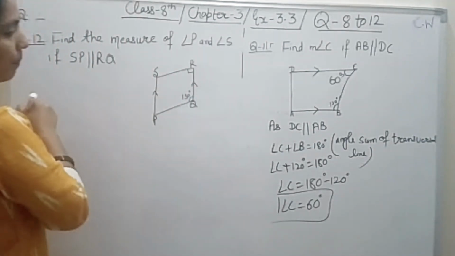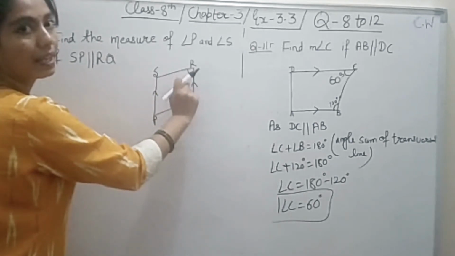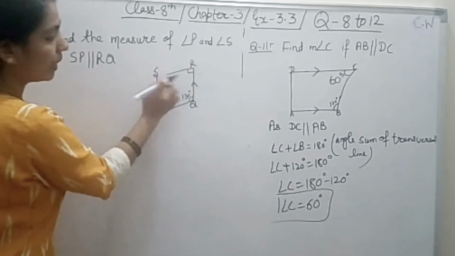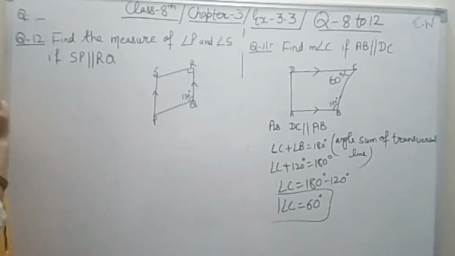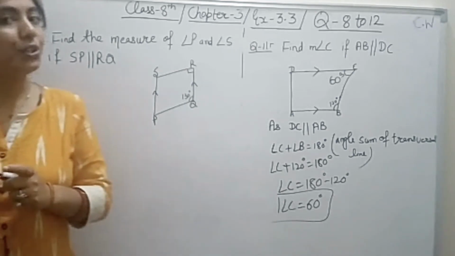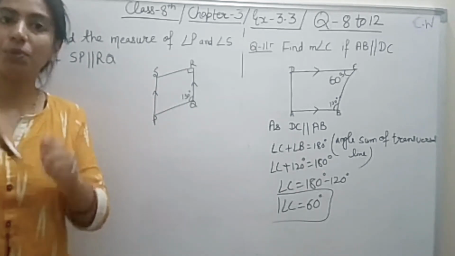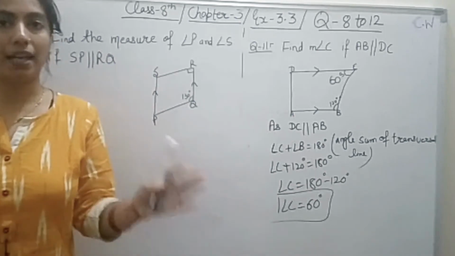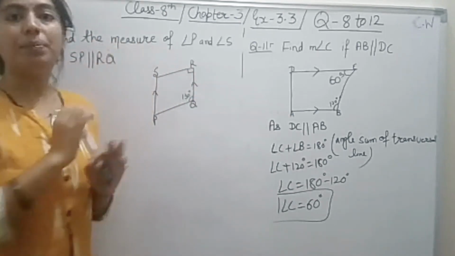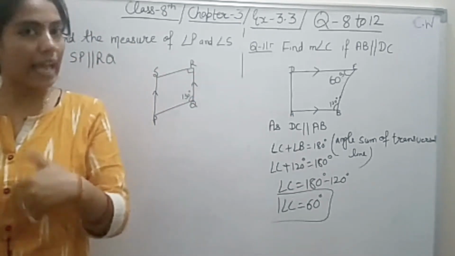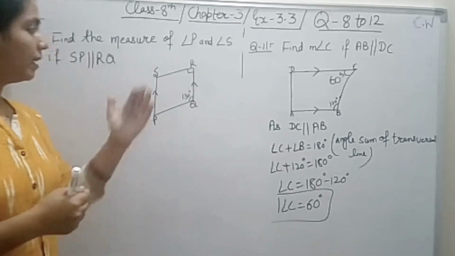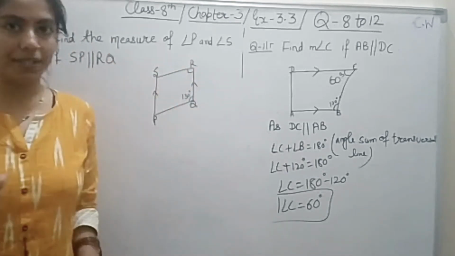If these two lines are parallel, then this is the transversal line, and the sum of the interior angles of both will be 180 degrees. Got it, students? That is why I told you in the trapezium you have to see which line is parallel, and accordingly that will be the transversal line, and the interior angle sum along the transversal should be 180 degrees.